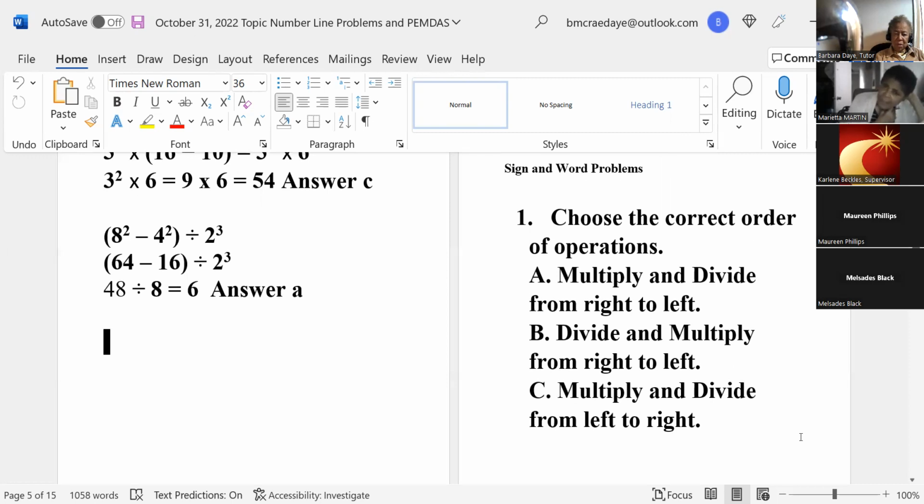She said A. No, it's not there. What would you say, Marietta? What's the answer? Divide and multiplication from right to left.